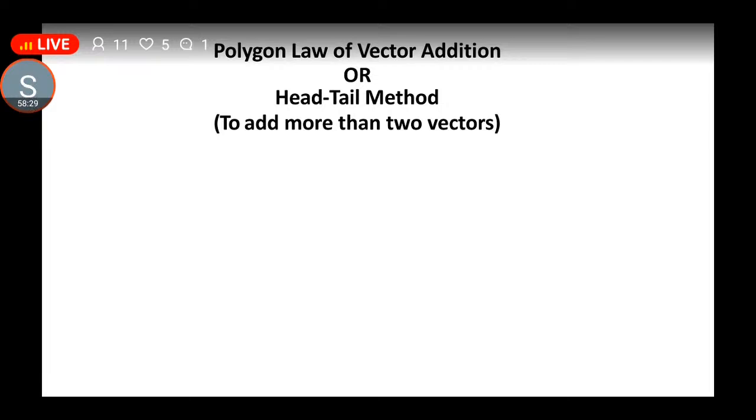What I say, the closing side represents the resultant in magnitude and direction. The addition of these three arbitrary vectors A, B, C, let us name them A, B, C, is shown as drawn now. And this is the polygon law. That's all. No question other than this.